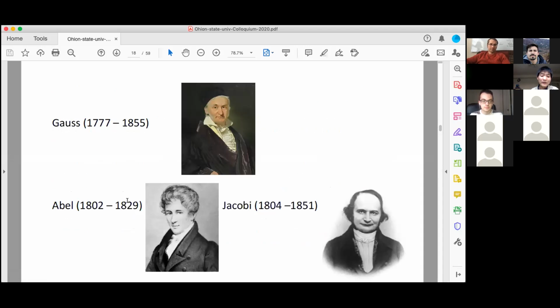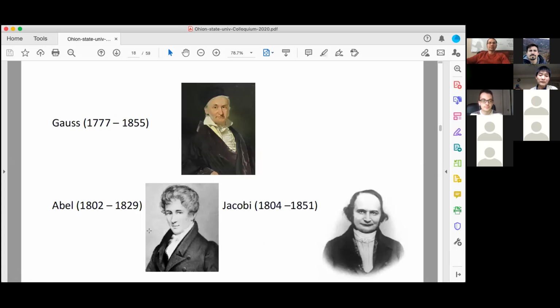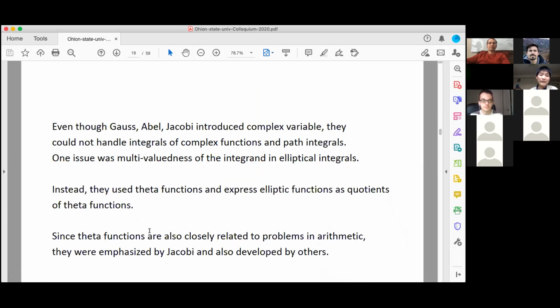Abel died in 1829, but the prize was given in 1830. As some of you know, the Paris Academy felt so bad because they had messed it up. That's why they wanted to give Abel a prize to show their regret and appreciation for this work. So this is Abel and Jacobi.